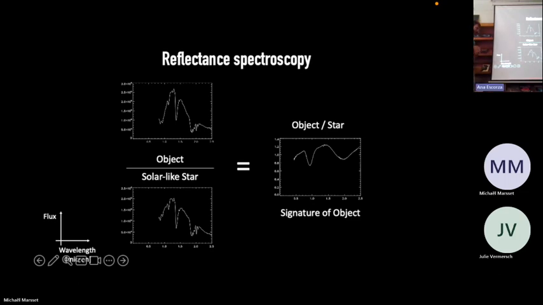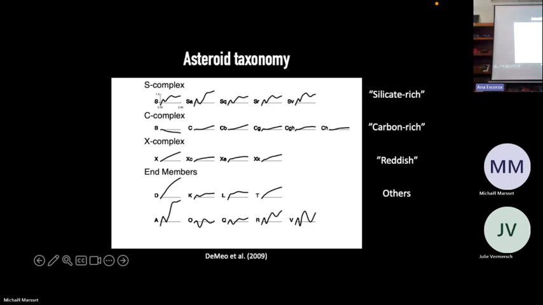So we've been acquiring optical and near-infrared spectroscopy for hundreds of thousands of small bodies today, and people came up with these clever classification systems that we call the asteroid taxonomy, which are based on the shape of the reflectance spectra of the objects.